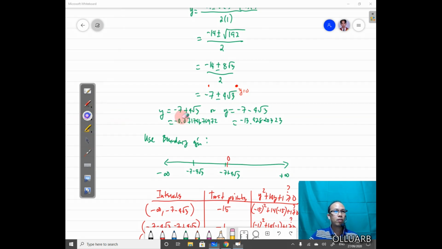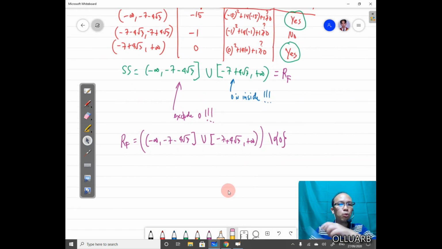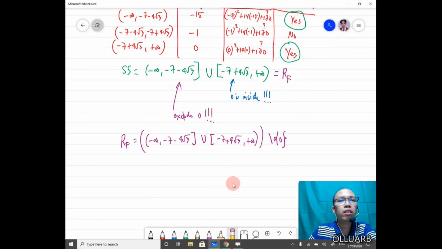I have to erase this. Here we have to show this stuff. We have to include. Our analysis before was that since 0 is inside and we write y is not equal to 0, we have to exclude.